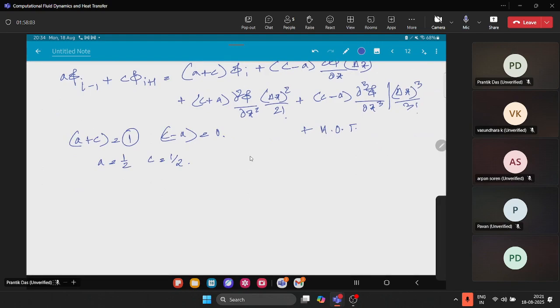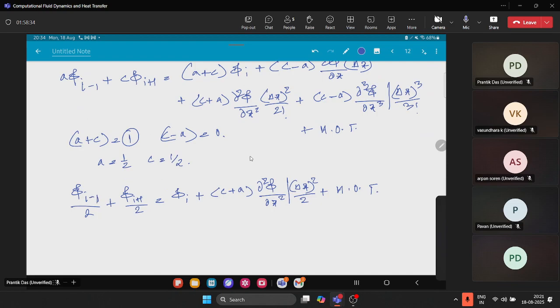So then this becomes phi I minus 1 divided by 2 plus phi I plus 1 divided by 2 equals phi I plus c plus a d square phi dx square delta x square by 2 factorial plus higher order terms. Okay. So phi I am expressing as a function of phi I minus 1 and phi I plus 1.